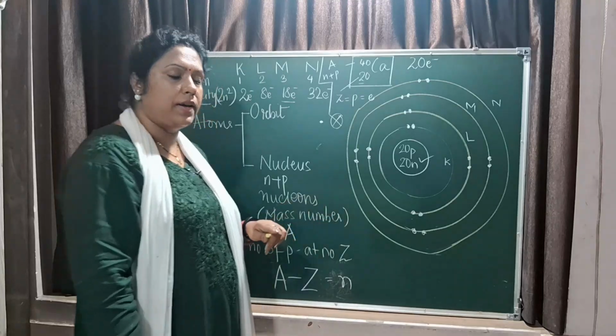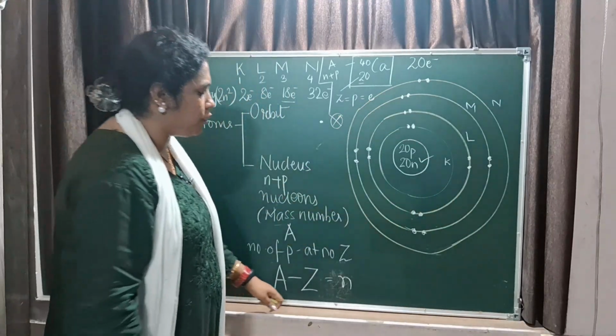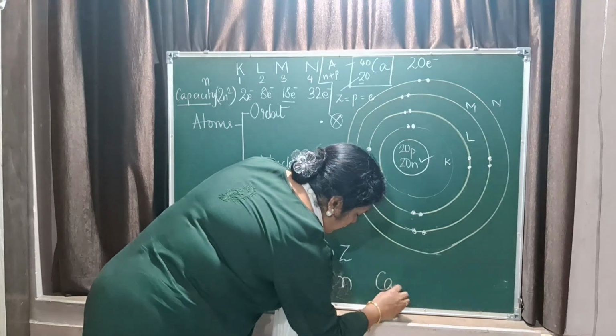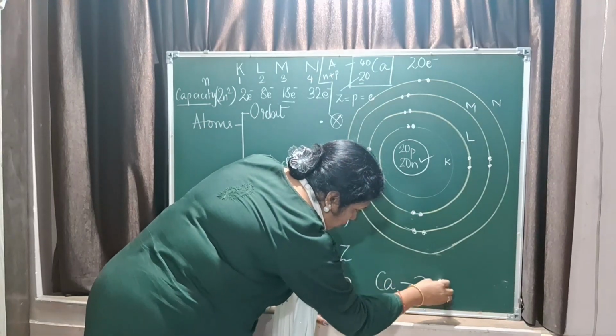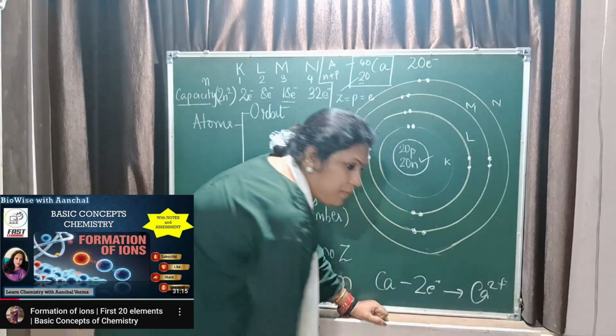For forming ions, the last shell loses electrons. So if calcium has to form an ion, it will lose the last 2 electrons to form the calcium ion, correct?